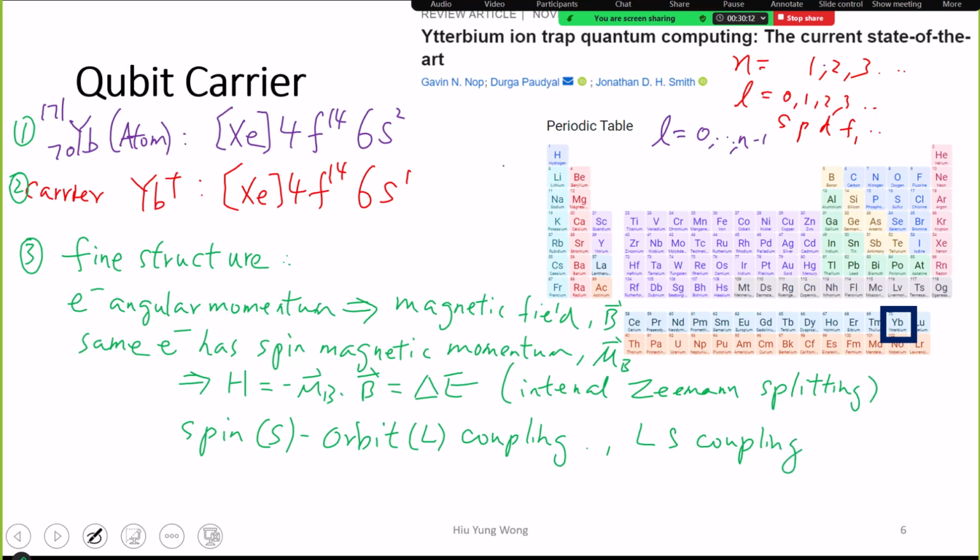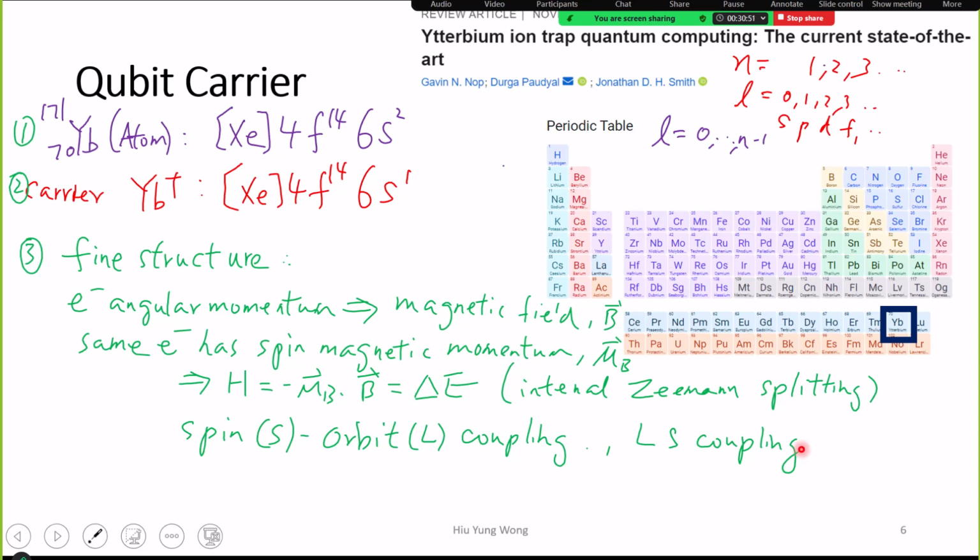But anyway, what it means is that the electron's spin magnetic moment interacts with the magnetic field, and as a result, it will cause a splitting between spin up and spin down. Your spin doesn't affect the magnetic field; it's the charge and rotating direction. But spin up and spin down give you a different effect. So this will cause the fine structure. That's the first thing. Is this okay?